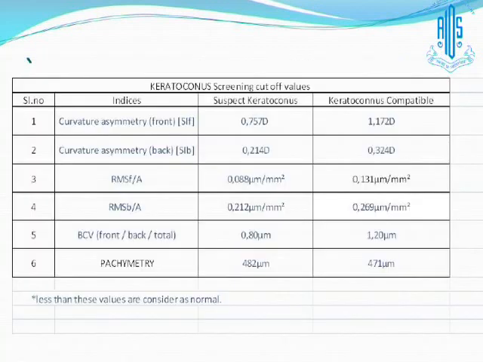And then these are the cutoff values which are given. Based on this, the system decides whether it is suspect keratoconus, normal, or keratoconus proper.